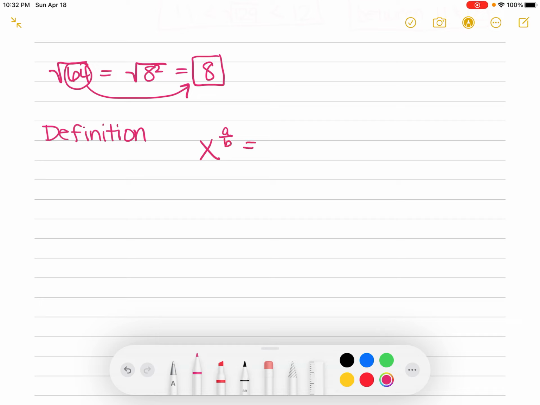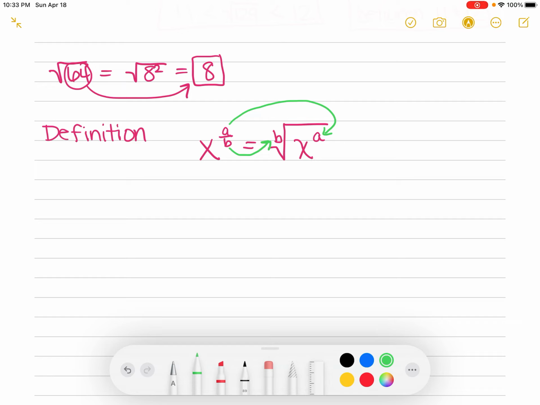That equals the b root of x to the a power, okay? So let's look at what this means. This means my bottom number on that fraction is on the outside of the root, and the top number of the fraction is the exponent inside the root. So it's not always a square root, it's a root.